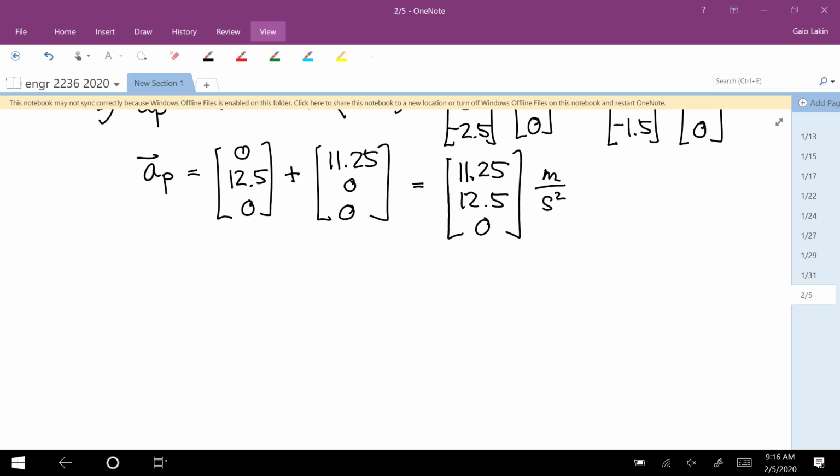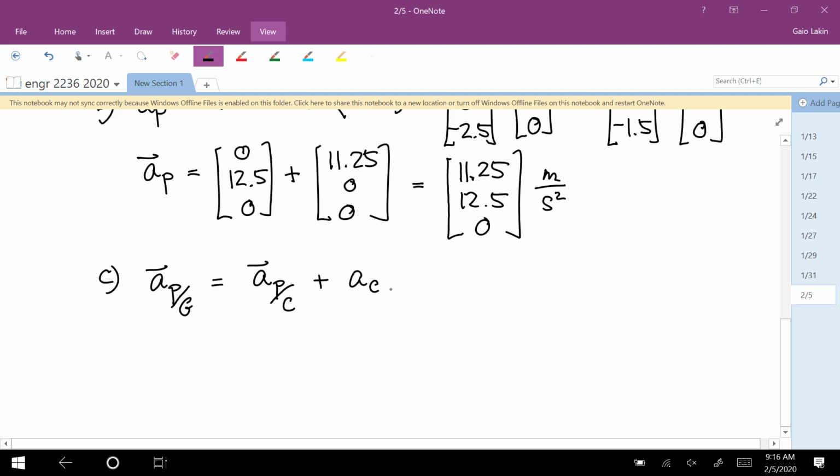So the way we're going to do part C is the acceleration of P relative to the ground is equal to the acceleration of P relative to the center plus the acceleration of the center relative to the ground. This is what we just calculated in part B.